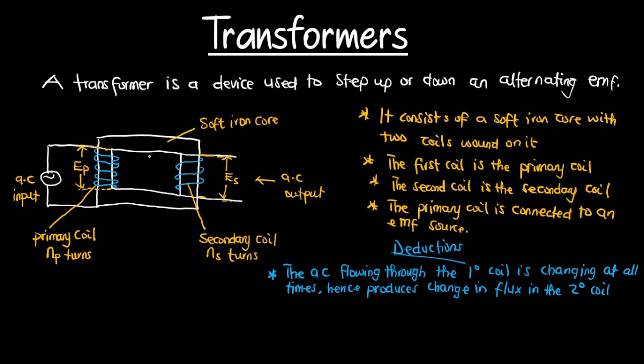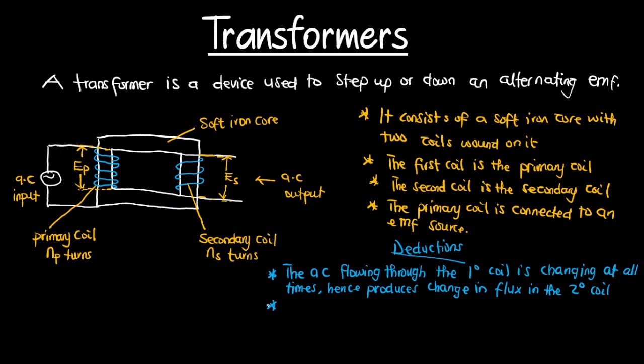The flux produced in the primary coil is proportional to the number of turns NP, the number of turns on the primary coil, which determines the amount of flux that will be produced, right? So the flux produced by the primary coil is proportional to the number of turns NP and the current IP, okay? And then if we come to the secondary coil as well, the induced EMF in the secondary coil is also proportional to the number of turns NS and the current IS, which is flowing through it.